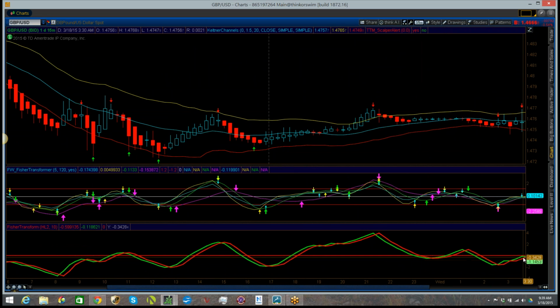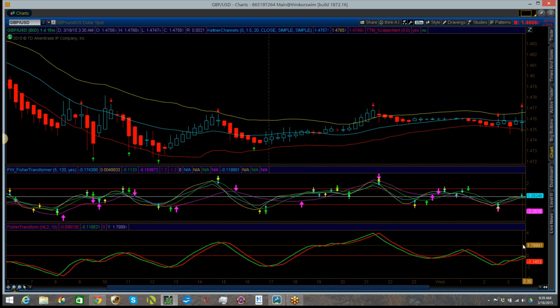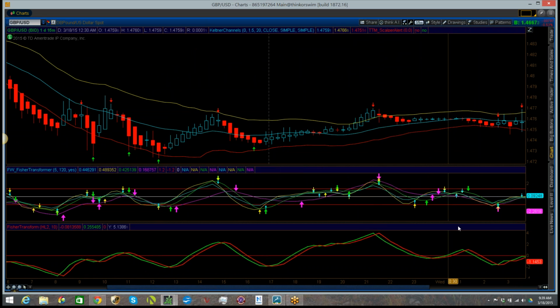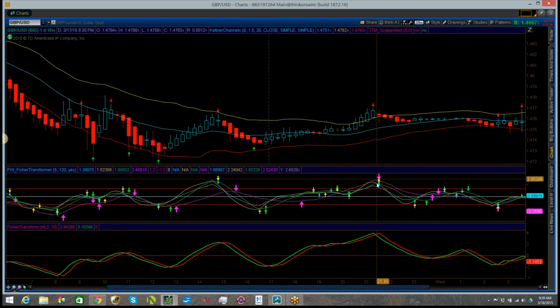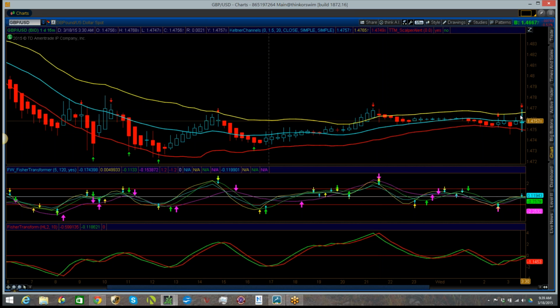Even though we don't have a strong indication of the Fisher transform all the way up, or four lines pointing down as we have here at 9:30 at night, I'll be watching the news. I'll be looking out for anything that may be coming out negative, like this morning. Okay, so it is the 3:30 candle.